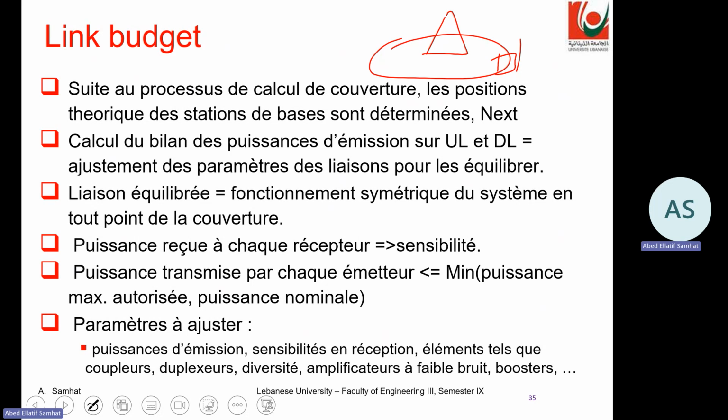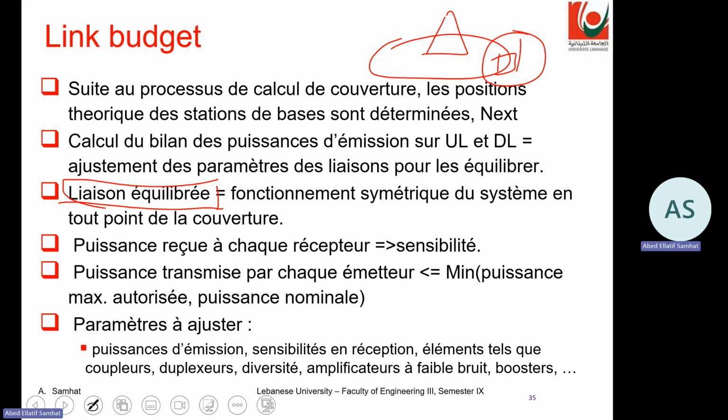So that's why in this case the link should be a balanced link, or liaison équilibrée. In this case, it should be symmetric, okay, in terms of coverage. And typically we have what we call sensitivity at the receiver.